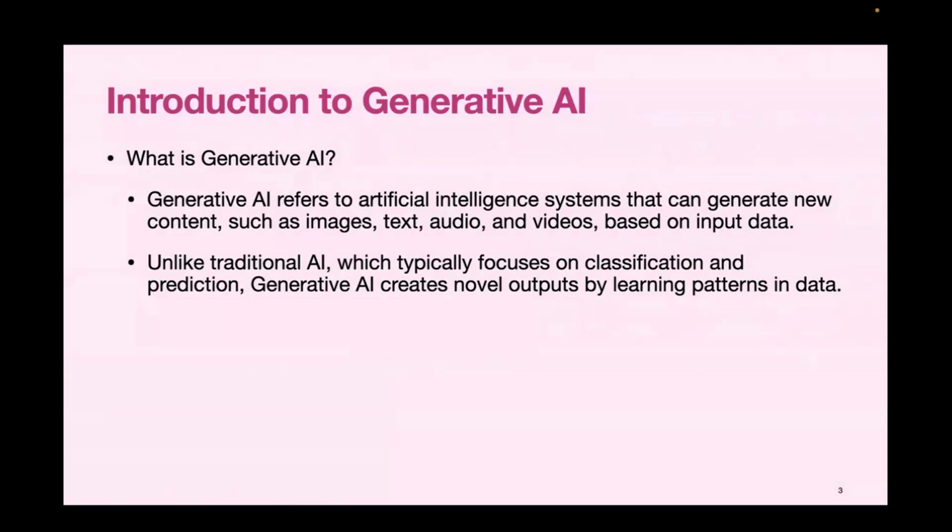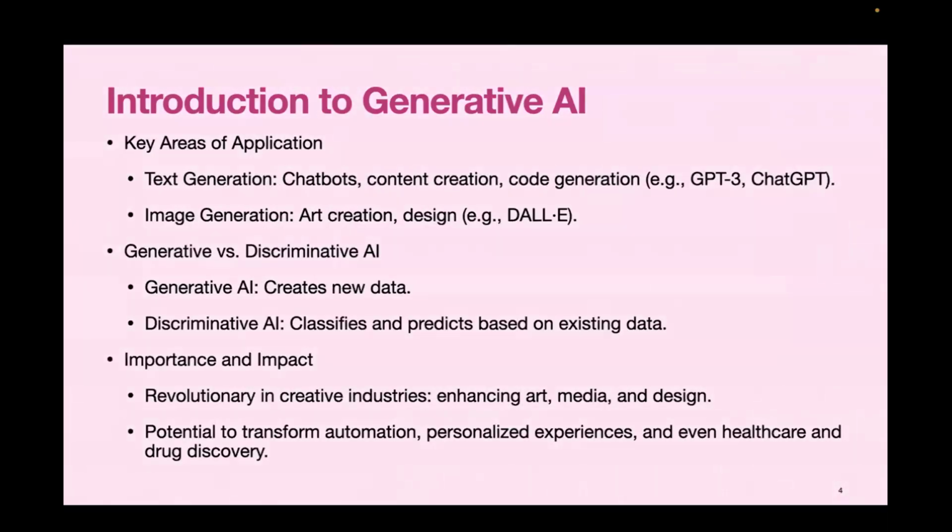What are the key areas of application? We can use generative AI in almost all the domains. Basically we can use it for text generation or image generation. When we talk about text generation, we use this capability in chatbots.